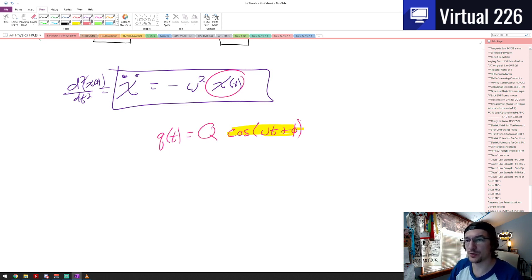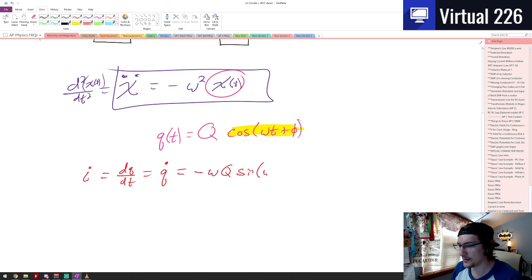So let's actually take two derivatives here. We can say that Q dot, which some people like to write as the first time derivative of Q, we could also write as the current. Ooh, that's pretty cool. We'll see why we need that later. This is equal to negative omega Q sine of omega t plus phi.